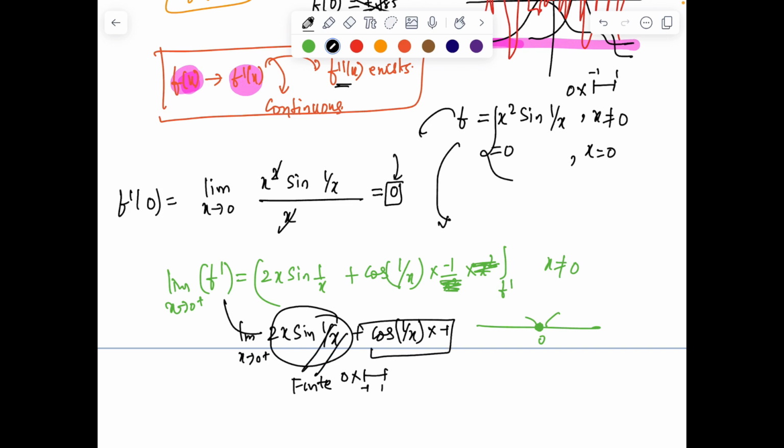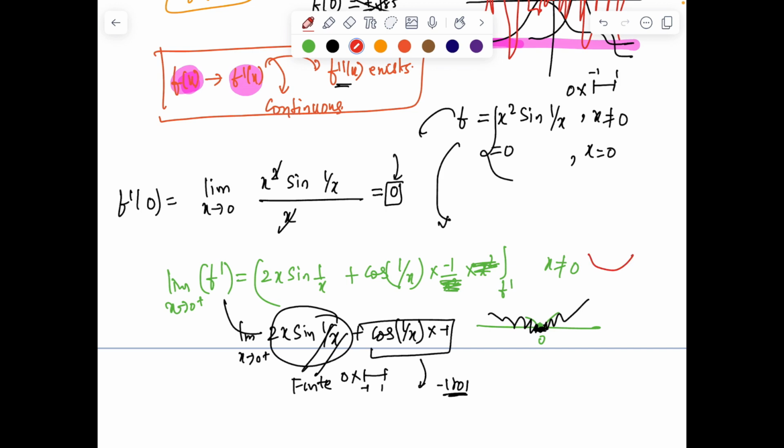Now the other quantity will oscillate from minus 1 to plus 1. So you can clearly see the limit as x tends to 0 plus doesn't exist, because it will just have oscillation behavior. Similarly at 0 minus it will have oscillation behavior. But what's important, at x equal to 0, the slope of the function dies exactly. It means f dash 0 is 0.